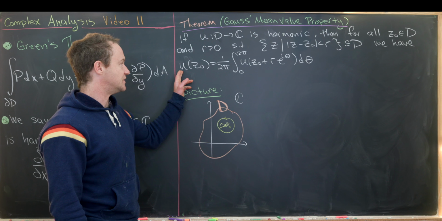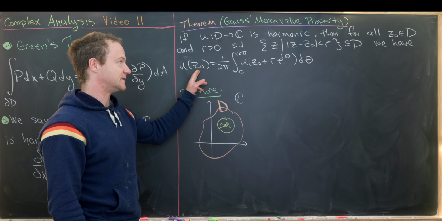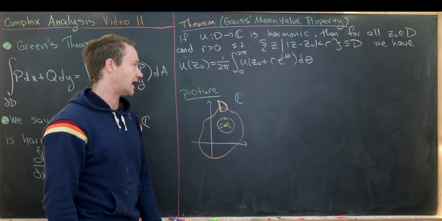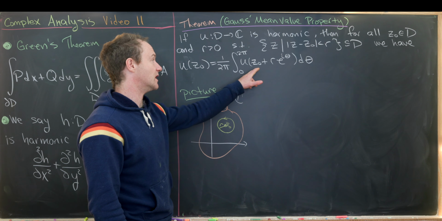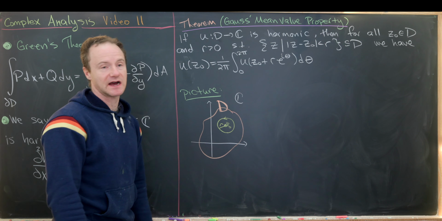The value of u at z naught is equal to 1 over 2 pi times the integral from 0 to 2 pi of u of z naught plus r e to the i theta.